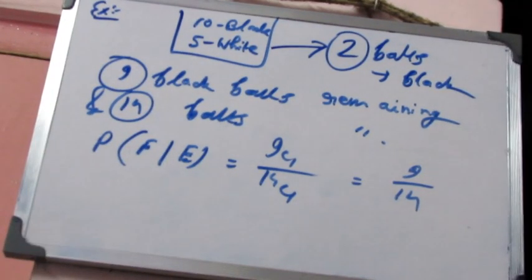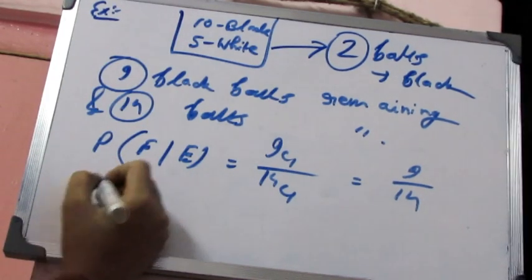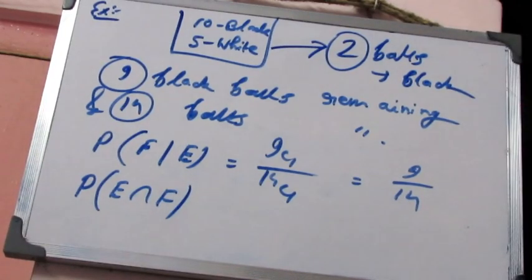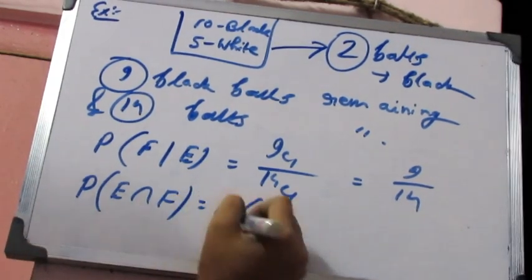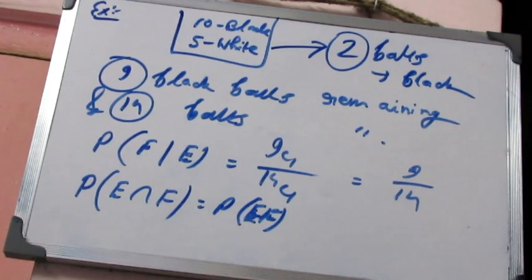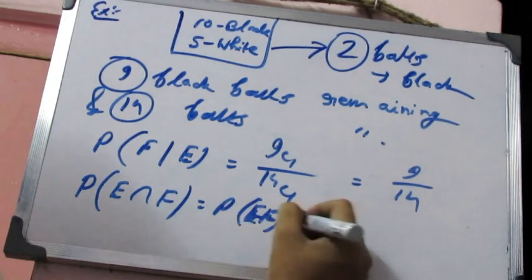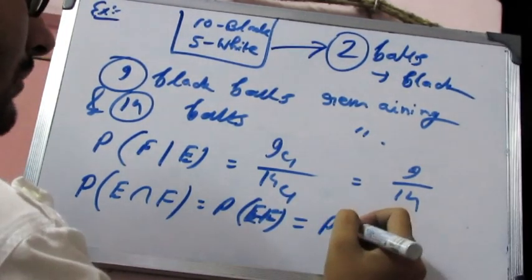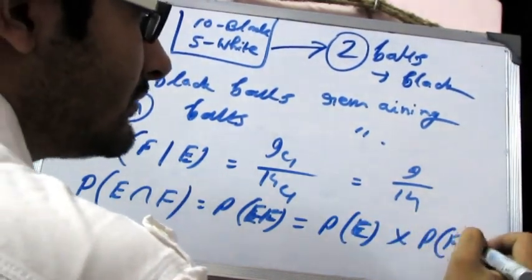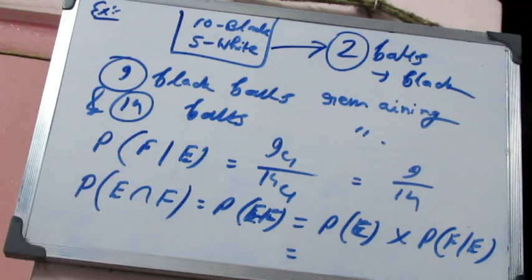Now by multiplication theorem we can say probability of E intersection F, also written probability of EF, meaning both the balls are black, will be probability of E into probability of F condition E. Previously we found that probability of E was 2 by 3.